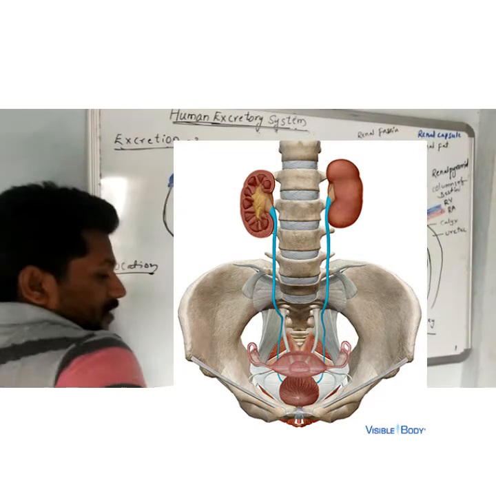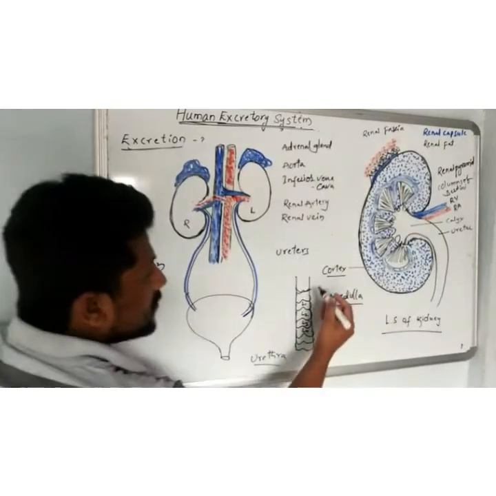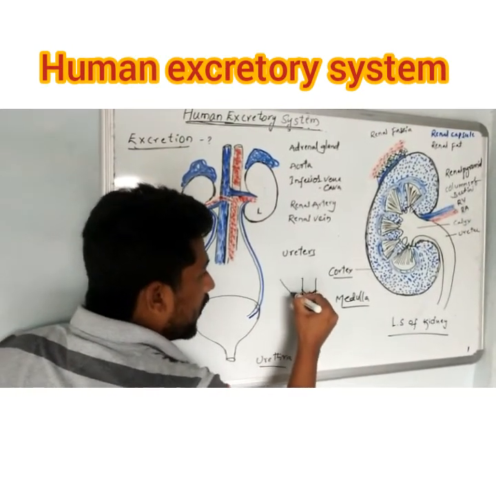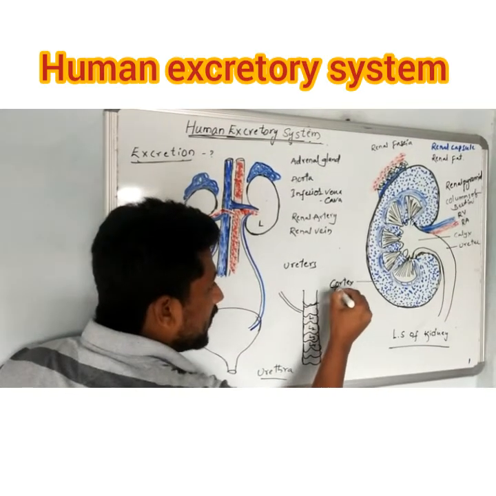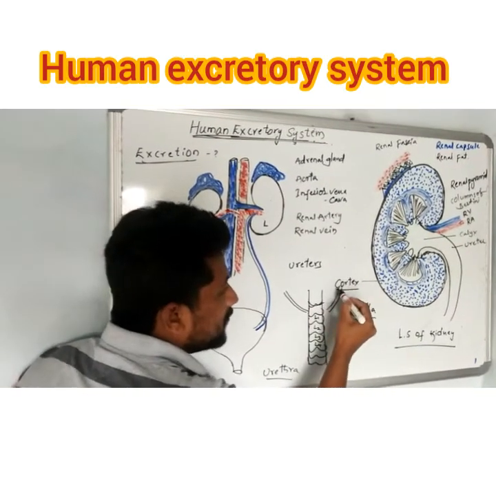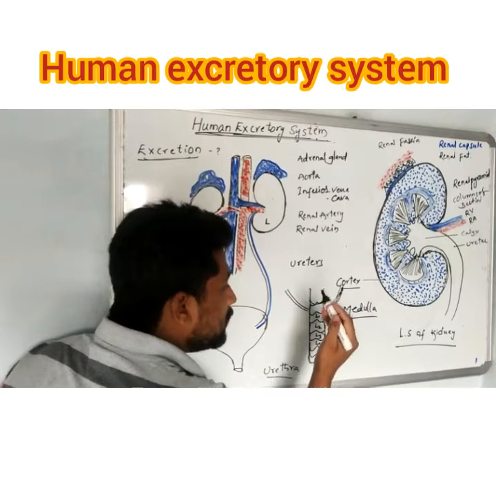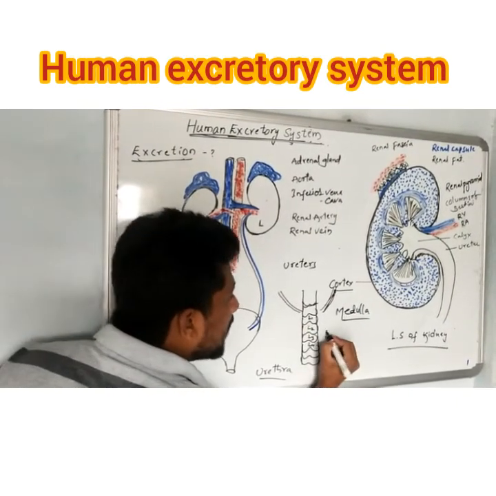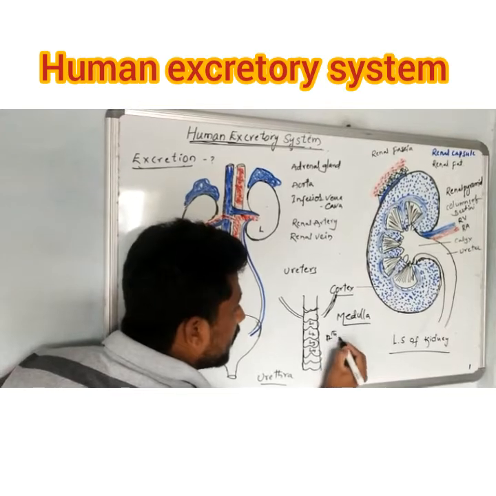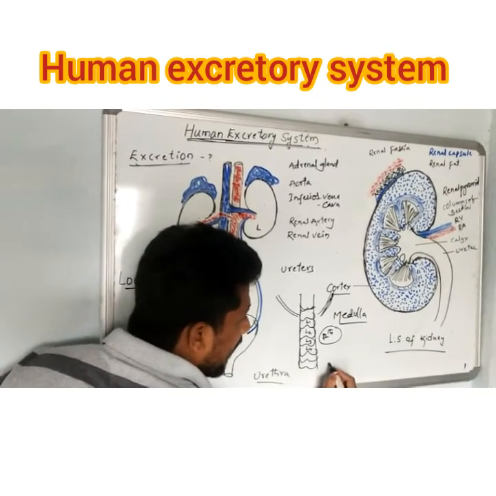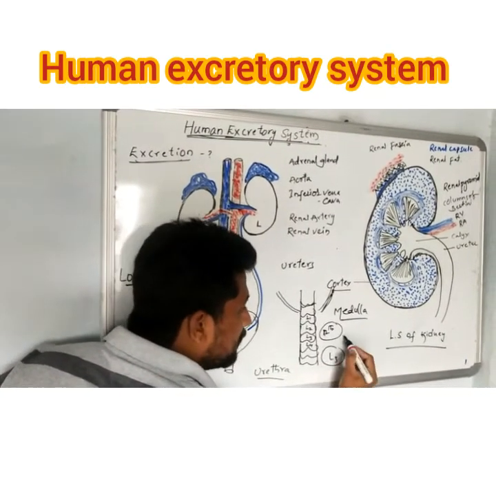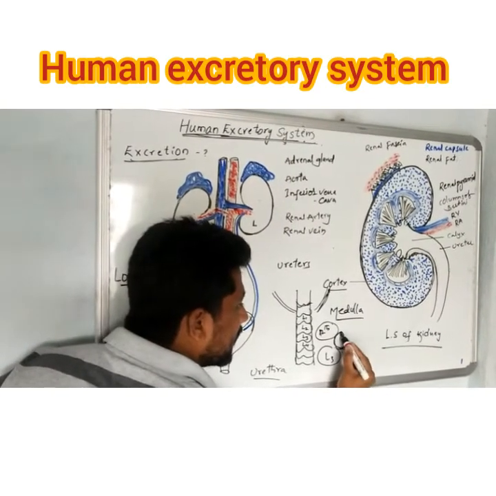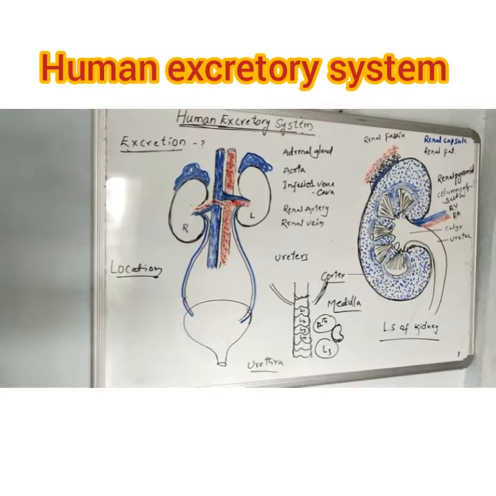Here the 12th thoracic rib is a floating rib. These are the floating ribs. So between the 12th thoracic rib and L3, the kidney is located in our body.